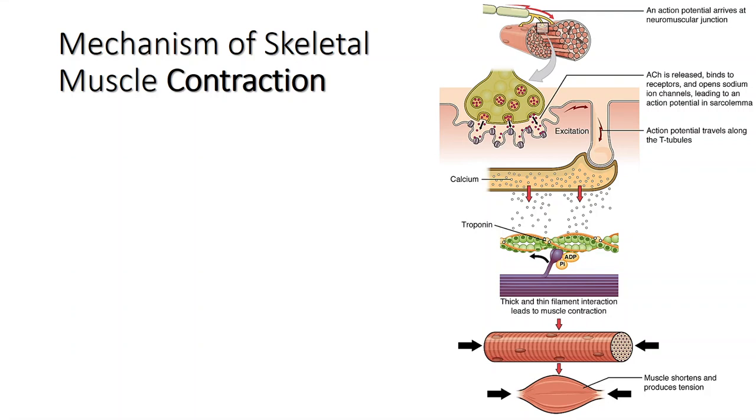The sequence of events that result in the contraction of an individual muscle fiber begins with the release of acetylcholine from the motor neuron innervating that fiber. The local membrane of the fiber will depolarize as positively charged sodium ions enter, triggering an action potential that spreads to the rest of the membrane, including the T-tubules.